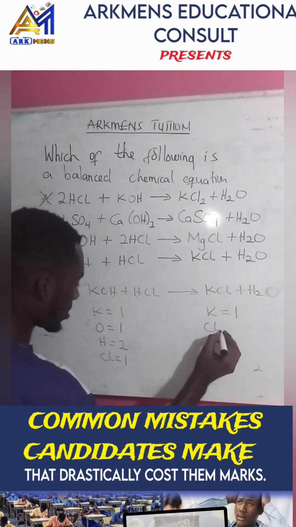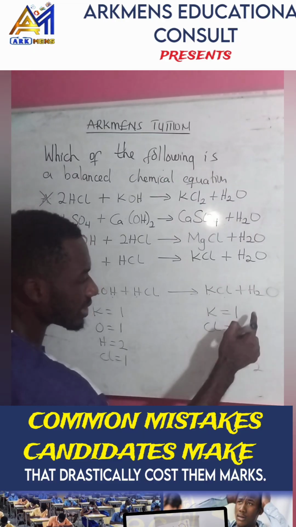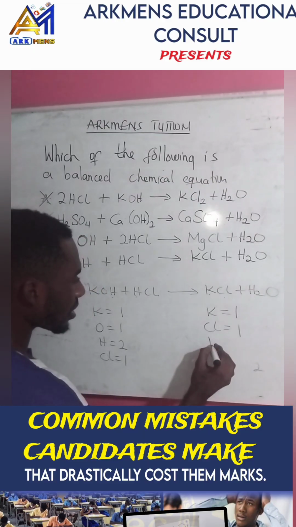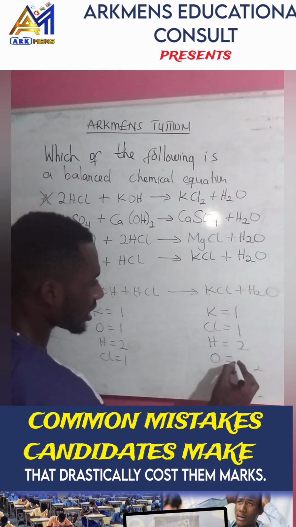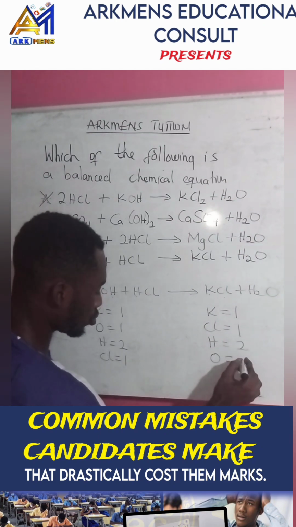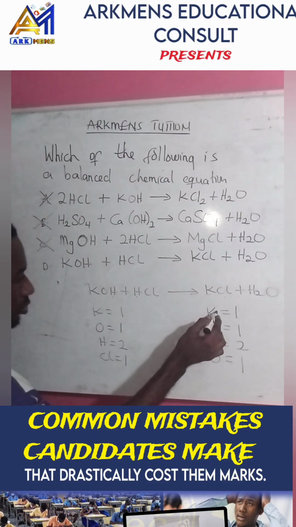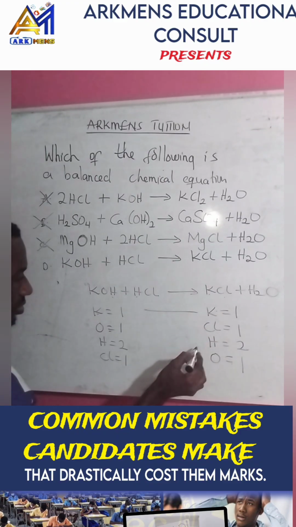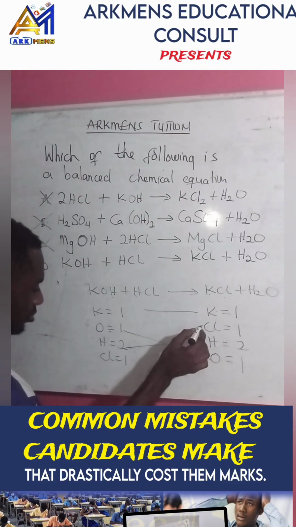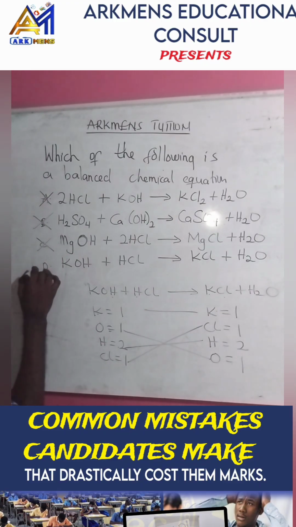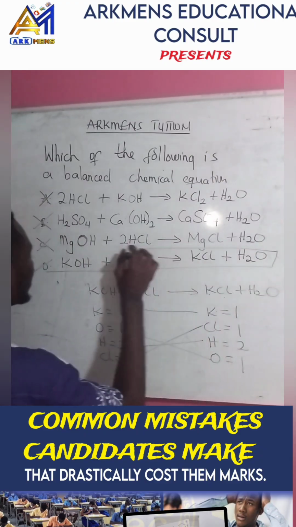Chlorine is 1. Hydrogen is 2. Oxygen is 1. So we check: potassium 1, 1; oxygen 1, 1; hydrogen 2, 2; chlorine 1, 1. So it means that this is the balanced chemical equation. Therefore, the correct option for this question is D.